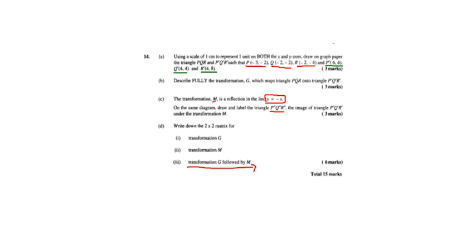So using some shorthand here, T is the matrix that represents the transformation of G followed by M. What I need to do is multiply matrix M by matrix G. I need to do it the opposite way, right?